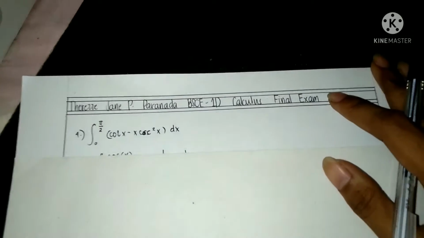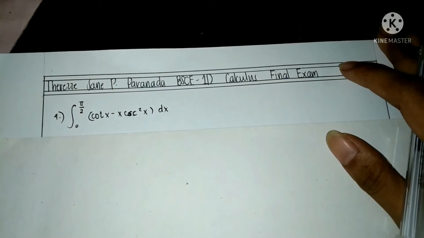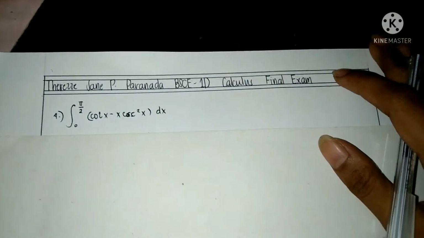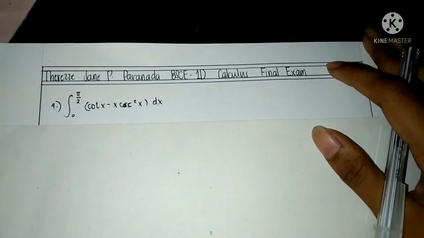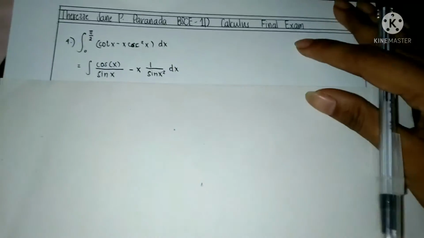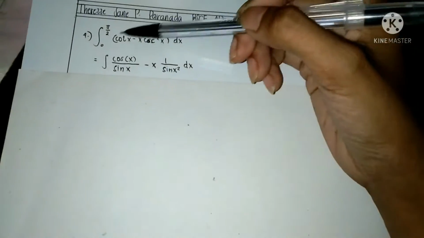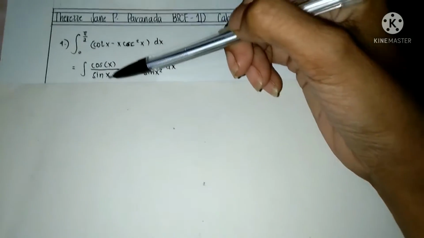So, our next equation is the integral of cotangent x minus x cosecant squared x from 0 to pi over 2 dx. So, the first thing we are going to do is to transform the expression. So, cotangent x will become cosine x over sine x.